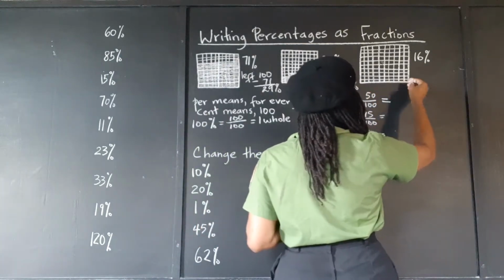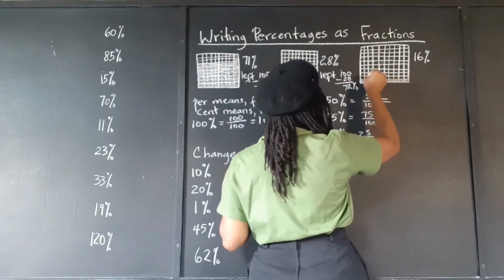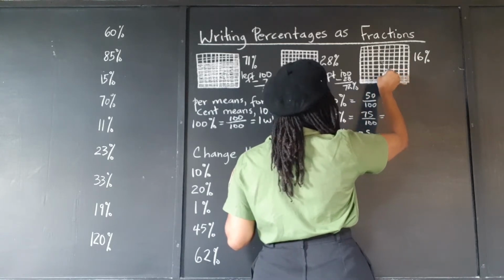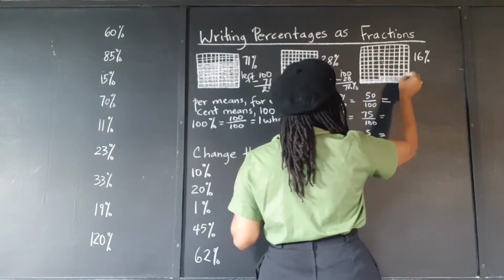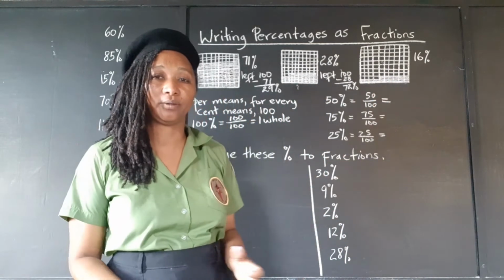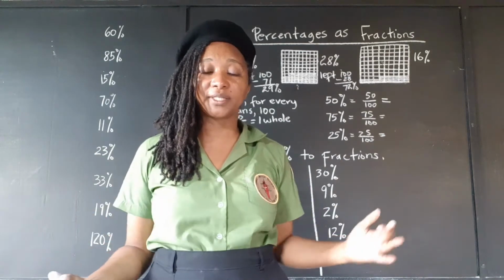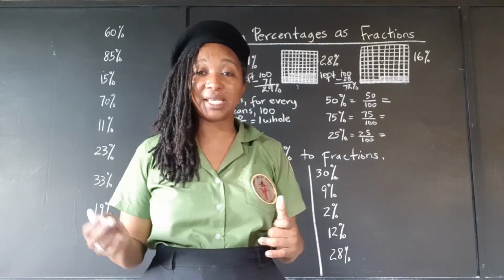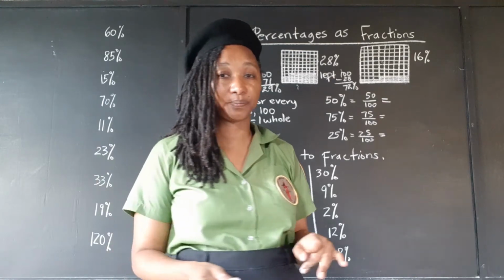16% would be 10, 10%, and then 6 more. So that represents 16% of the whole, because remember, the whole square was divided up into 100 equal tiny squares.